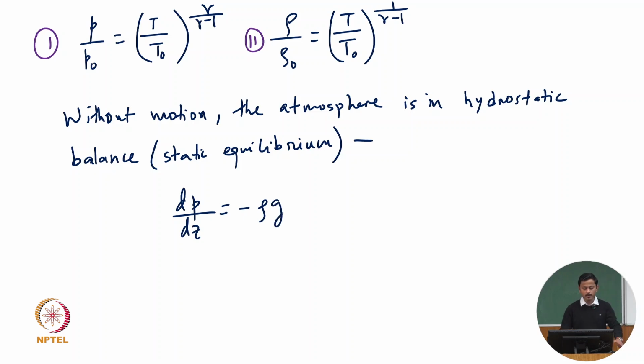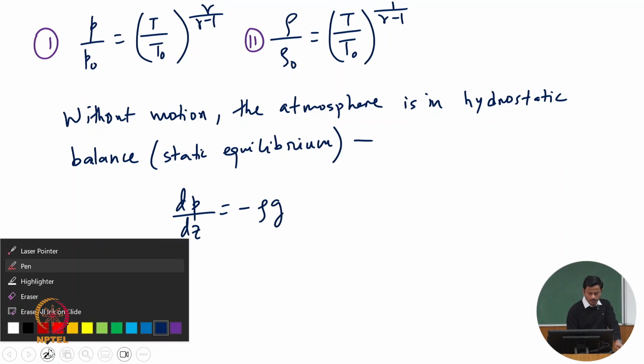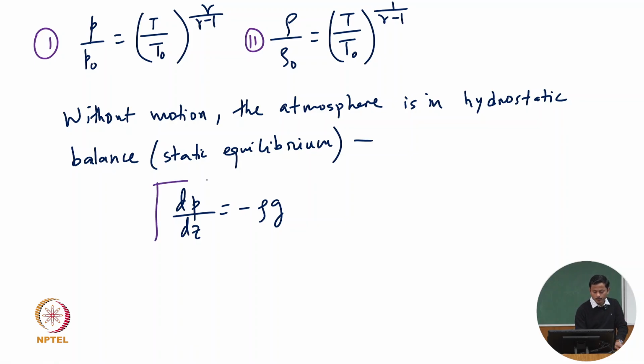This is one of the significant approximations that geophysical fluid dynamicists use. This says that the difference in pressure between 2 points is just dependent on the weight of the fluid between two points. This happens because there is no motion, or there is negligible motion.